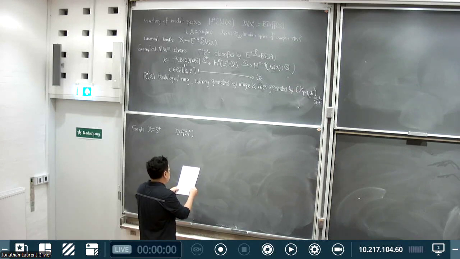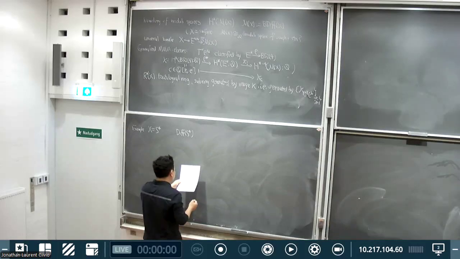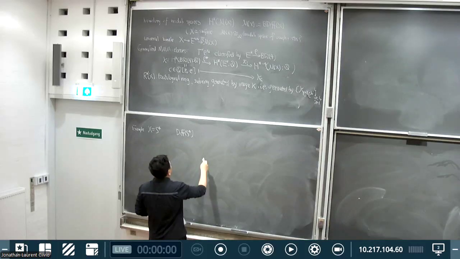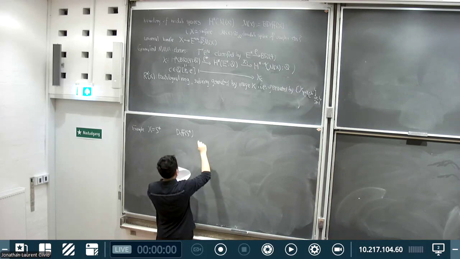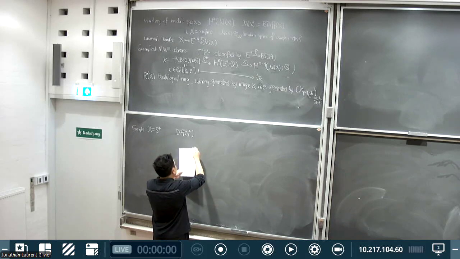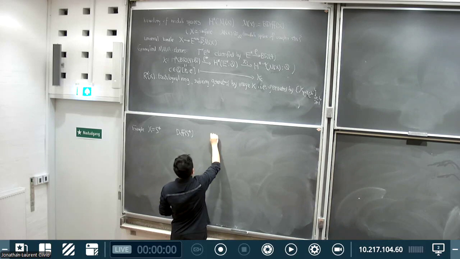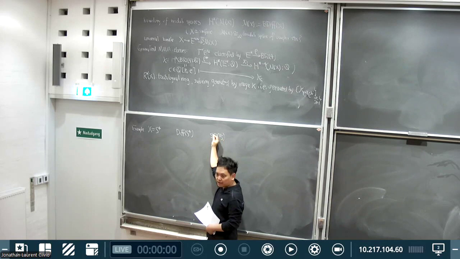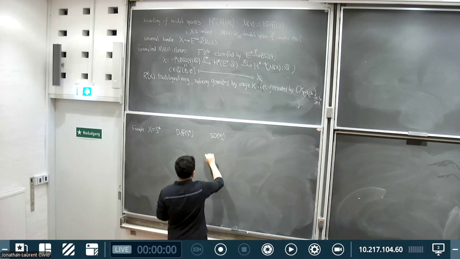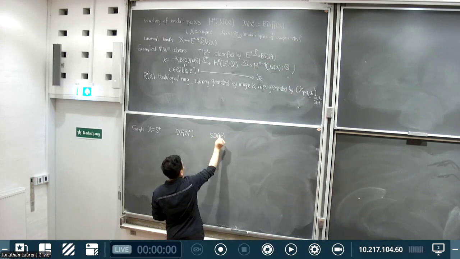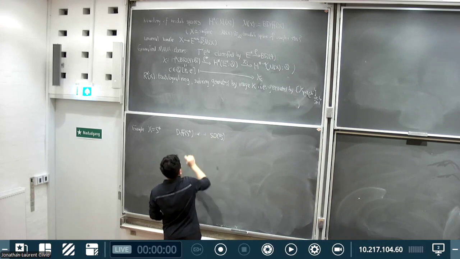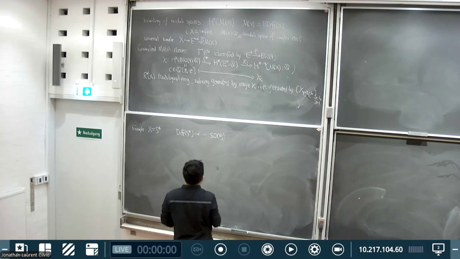So basically, okay, what do we know about some basic properties of this group? First of all, we have a map. We can consider the isomorphism. We have the inclusion.